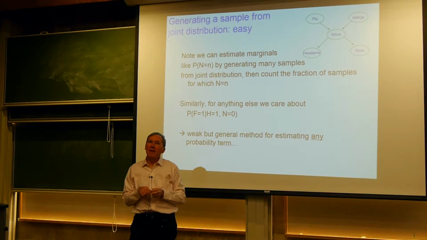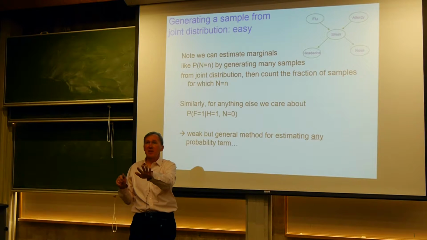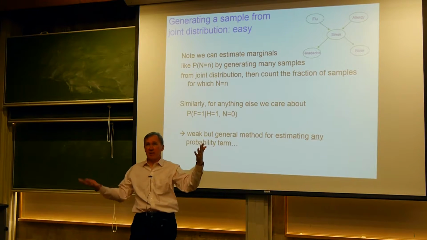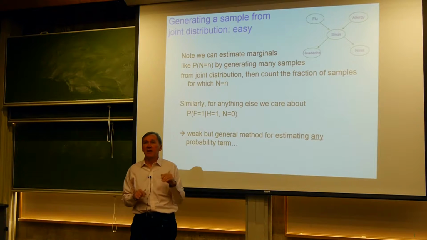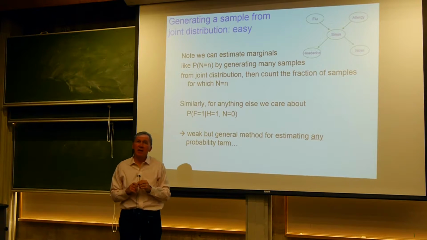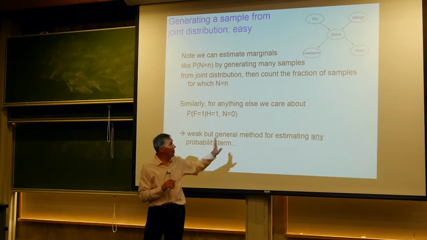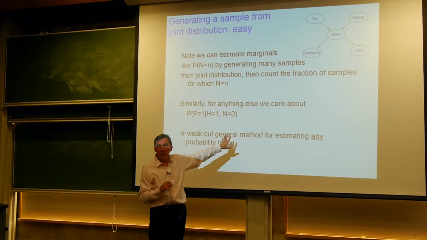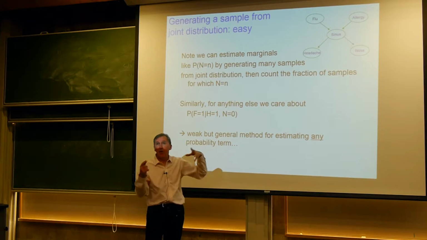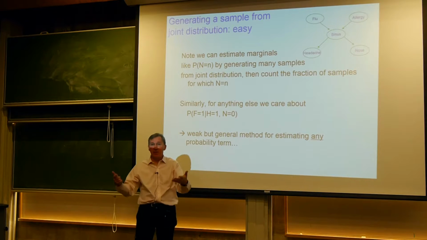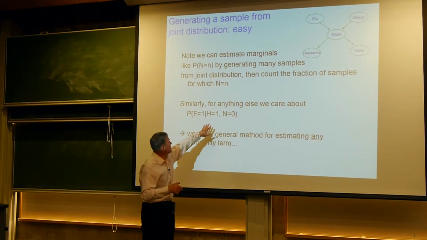So we can do either. In fact, we'll talk the rest of the lecture about how we just learn the Bayes net directly from data. Here, I'm really not talking about learning Bayes nets. I'm just talking about if you have one, how can you use it to answer questions like this?